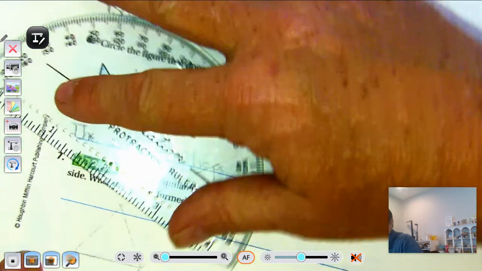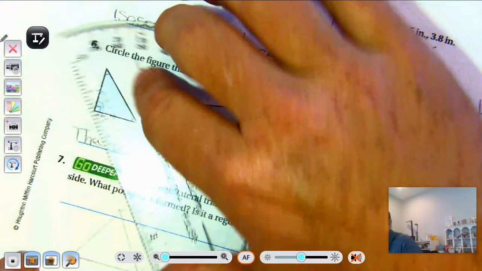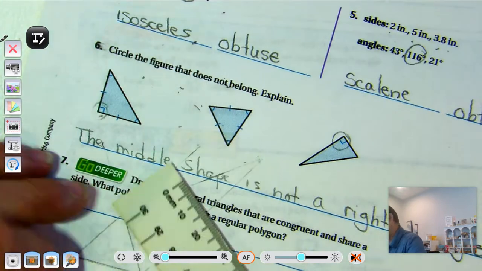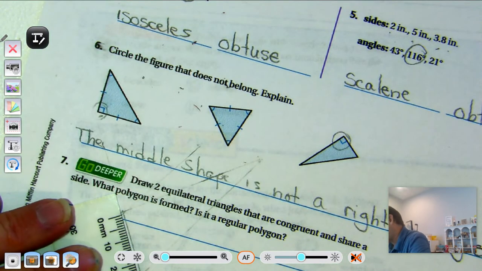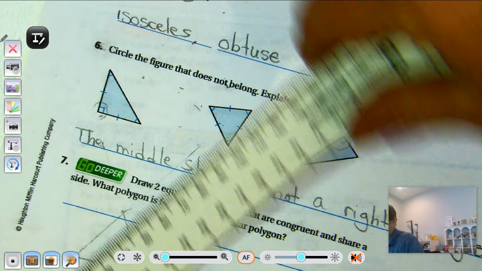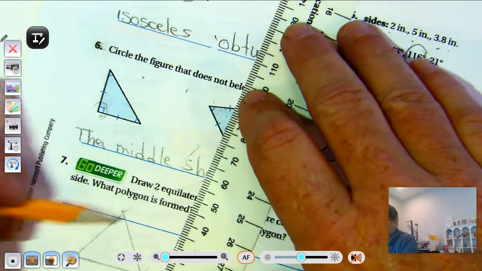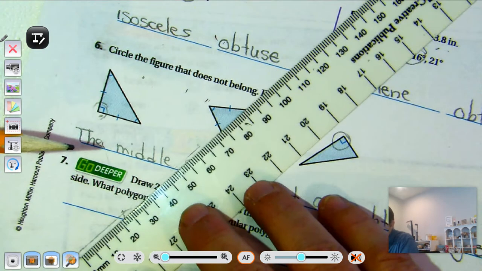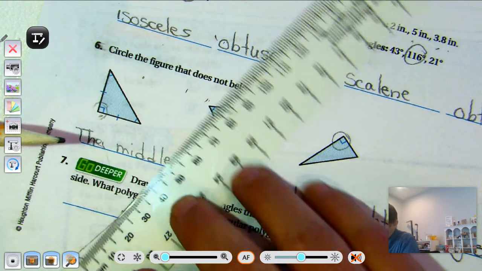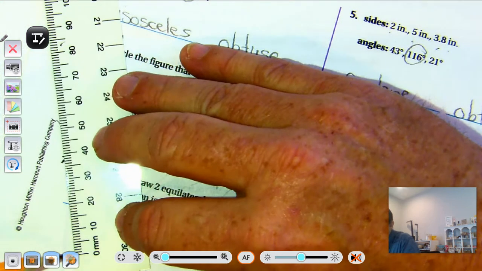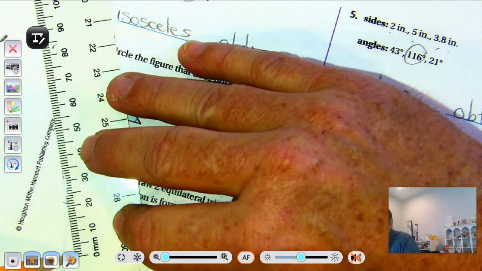I'm trying to figure out how to make it fit. Okay. All right, so 25 millimeters on each side. If this is my base of 25, I know I need to make another line that's 25.